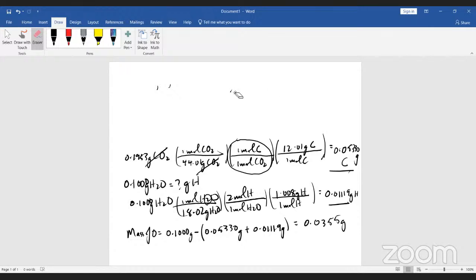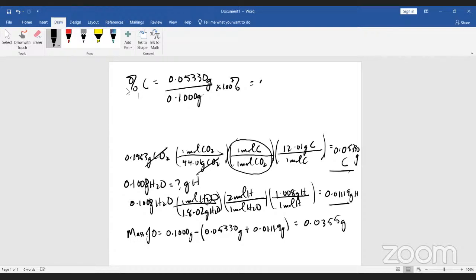Okay. So to find the percentage of each of them, let me start off with the percentage of carbon. That will be equal to 0.05330 grams divided by the total mass, which is 0.1000 grams times 100%.